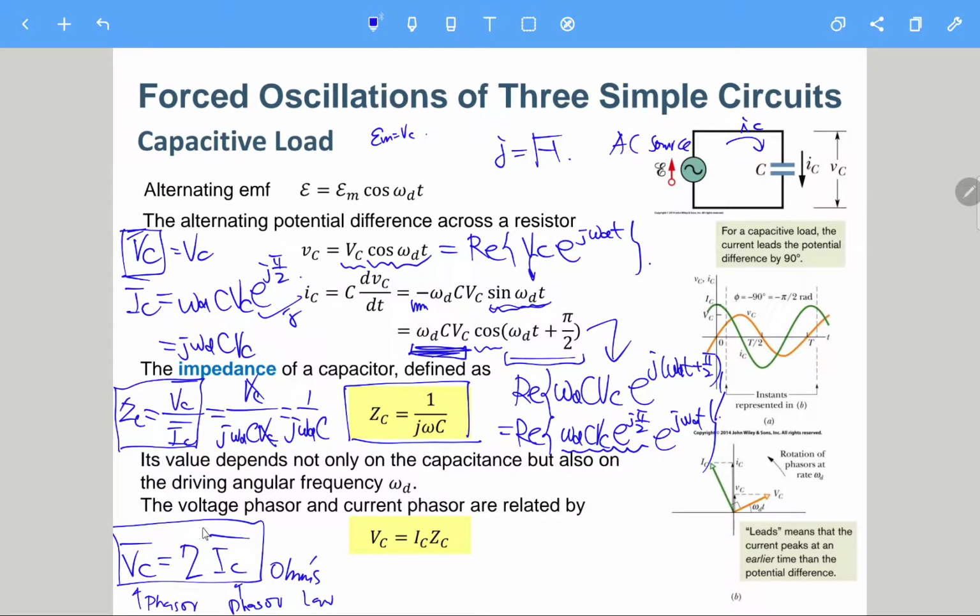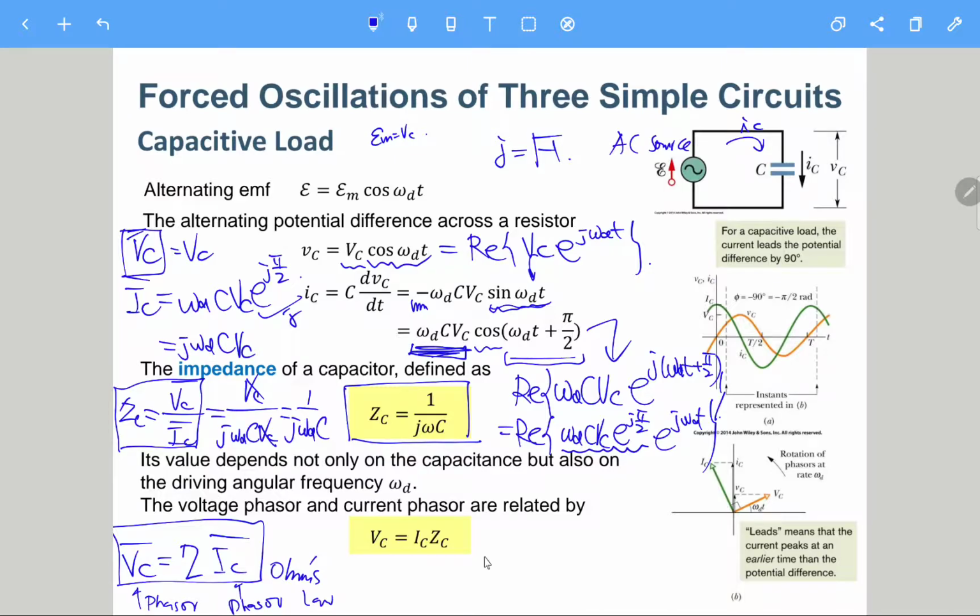In this case, we can use complex numbers to represent the sinusoidal functions of the voltage and the current, and the phasor itself will satisfy Ohm's law, given the resistance is generalized to the complex impedance. So we have the impedance of the capacitance to be 1 over j omega c. Its value depends not only on the capacitance, but also on the driving angular frequency omega d. So it is related by this equation.